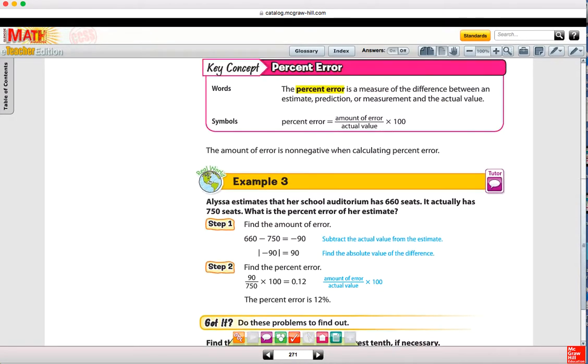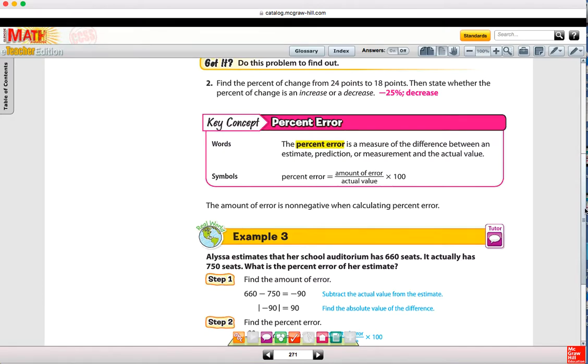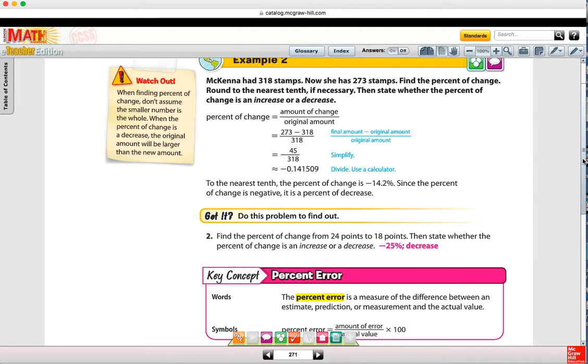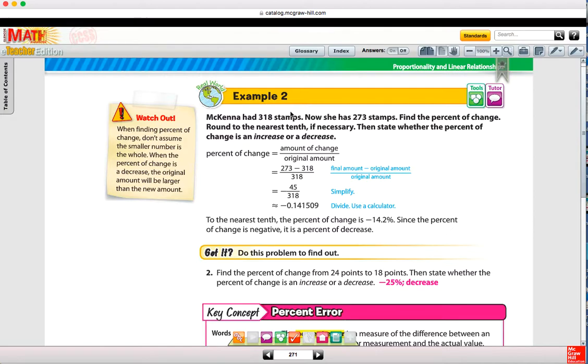For example 2, on page 271, we have another story problem. McKenna had 318 stamps, and then now she has 273 stamps. So right away, we know that her stamps went down.